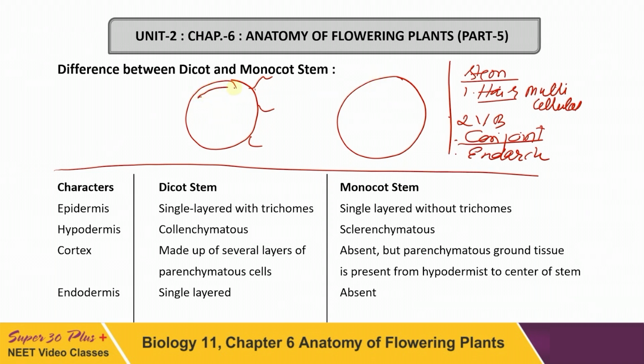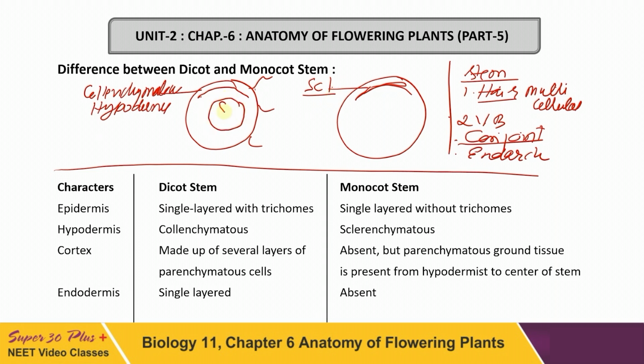Here we have the hypodermis. In this case, the hypodermis is present below the epidermis. Now here we have the endodermis, and the vascular bundles arranged in a ring.